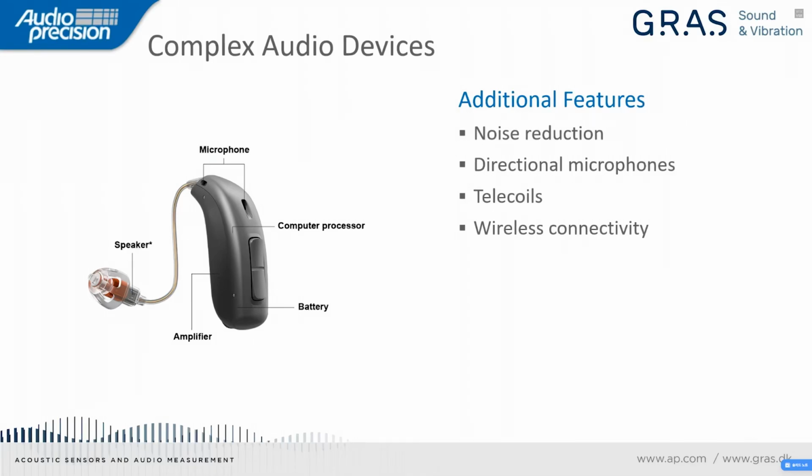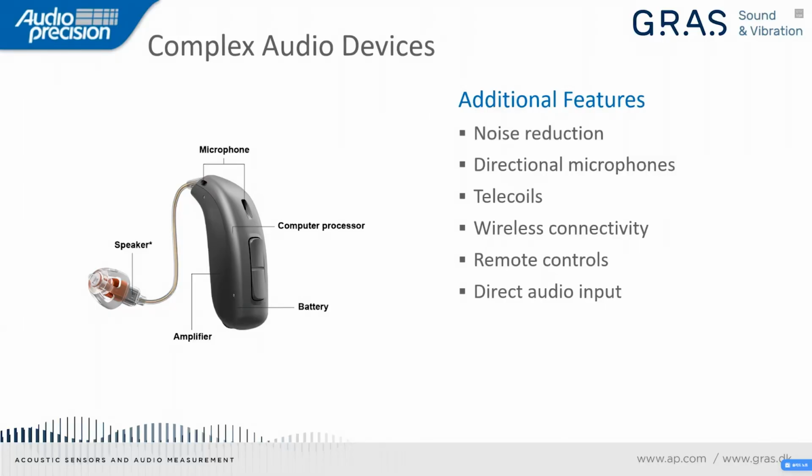In addition, they can have remote controls. For example, you can control the programming and the features of the device from a smartphone. Some have direct audio input, so a tiny little analog input jack that you can connect an external device to directly connect the audio to the hearing aid.